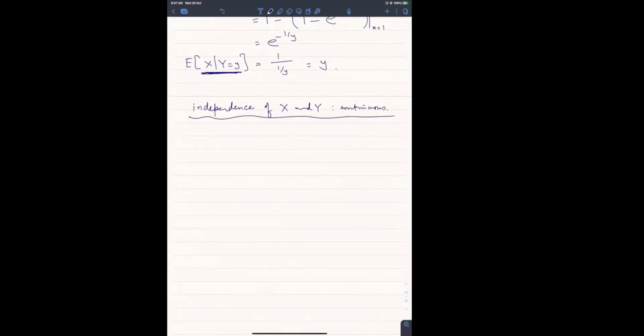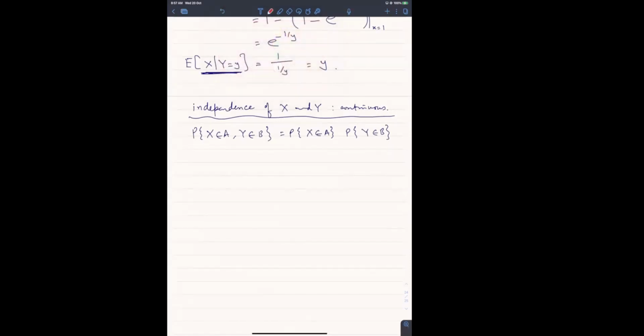In the case of discrete, we saw that two random variables x and y are independent if and only if I can write probability x belonging to region A and y belonging to support set B is equal to the probability x belonging to A multiplied by y belonging to B. So for every A and B, if I can write this, then x and y are independent.